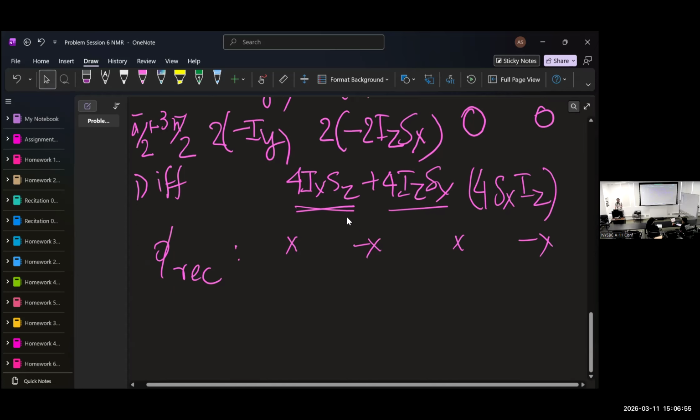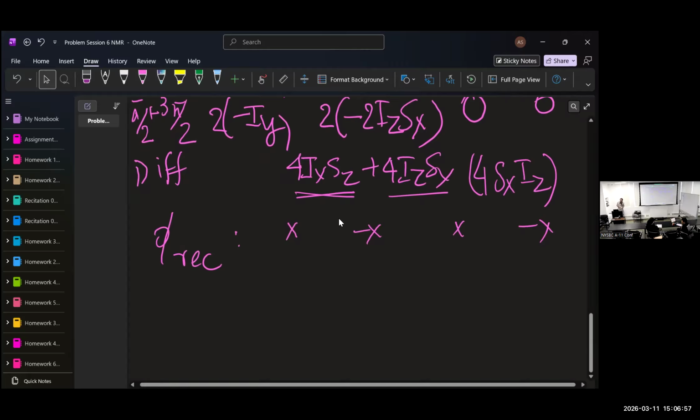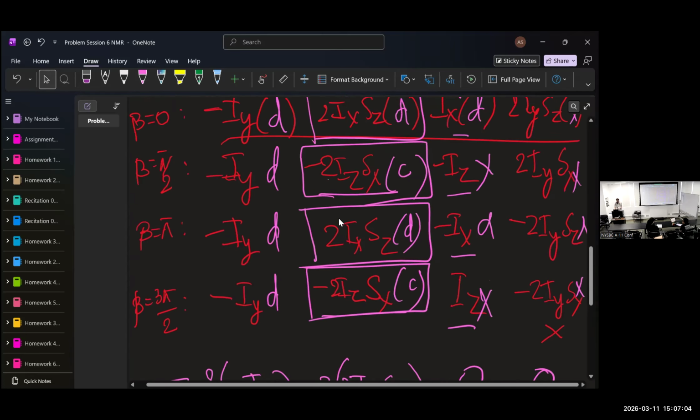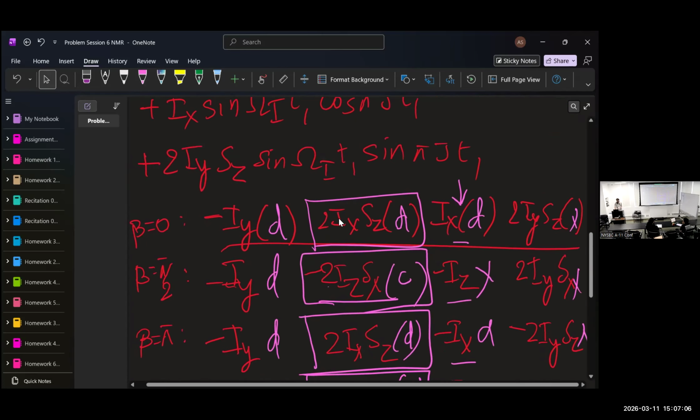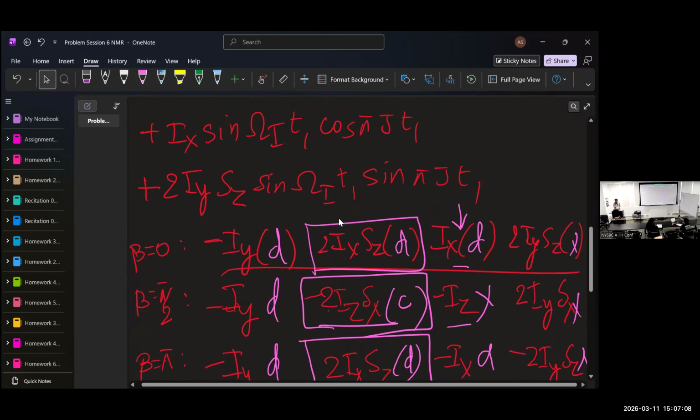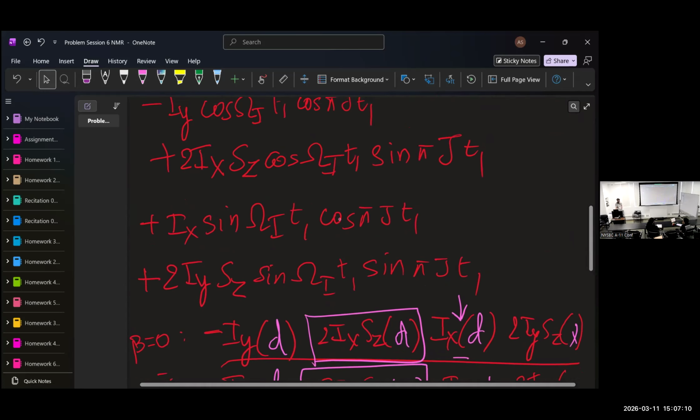Clearly they have the same line shape in acquisition, but if you look up the column, they came from the same starting operator. After T1, they all came from the 2IXSZ operator. So they must have the same line shape in T1, and therefore they have the same line shape in T2.